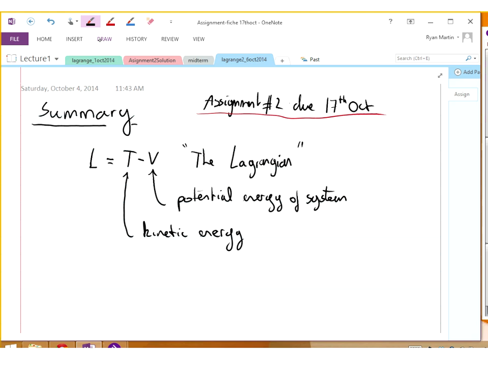Right, so the Lagrangian, this T minus V, is given by the kinetic energy and the potential energy of the system.